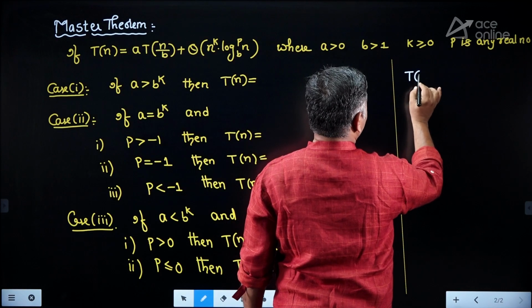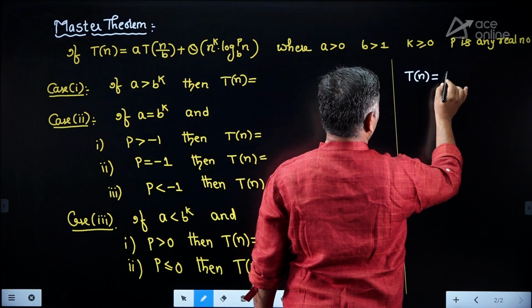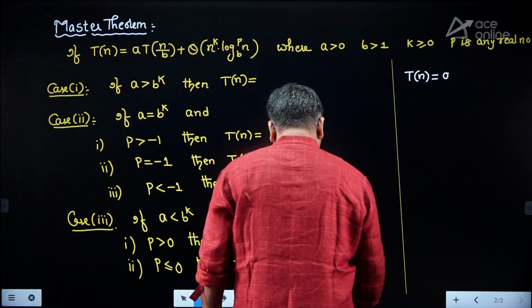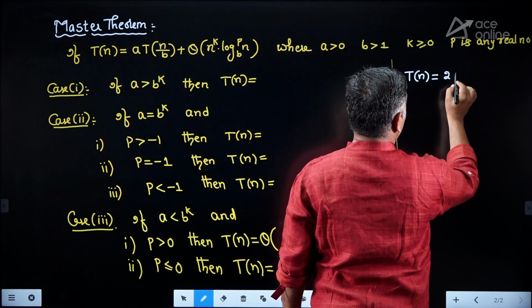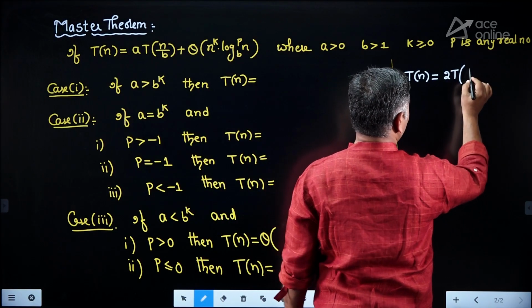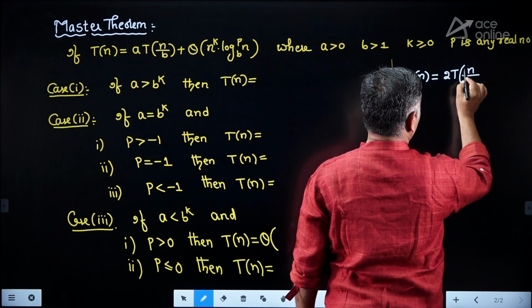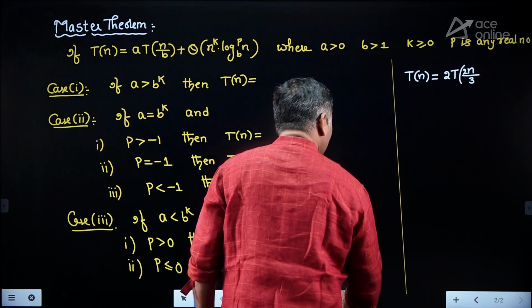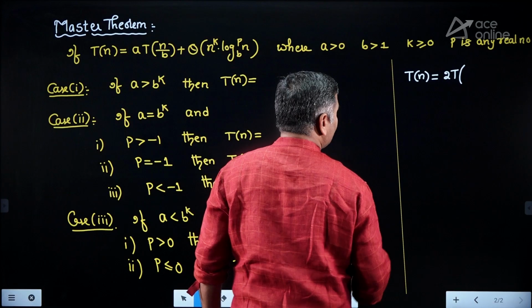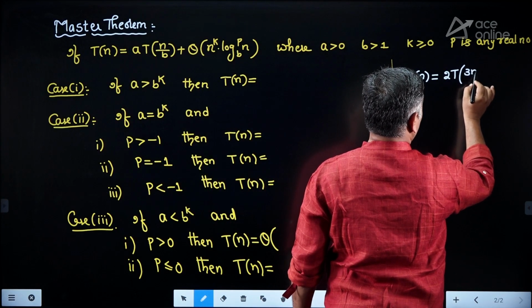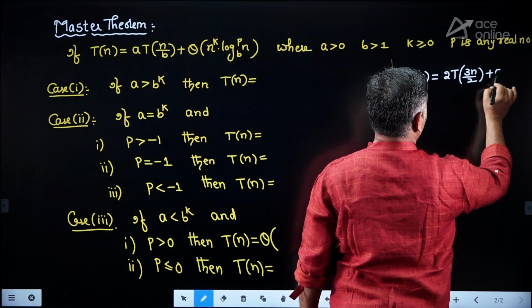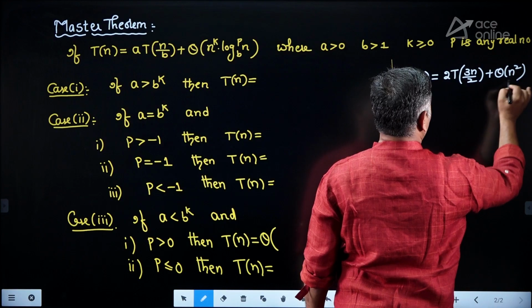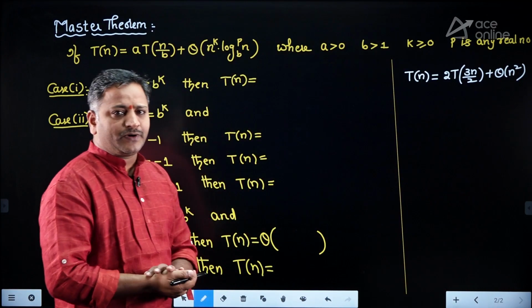Suppose you have the recurrence equation T(n) = 2T(2n/3) + theta(n^2).